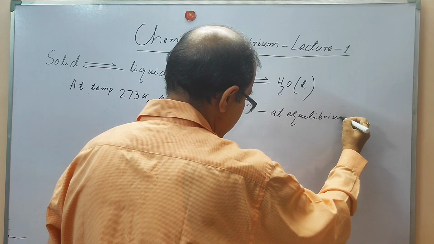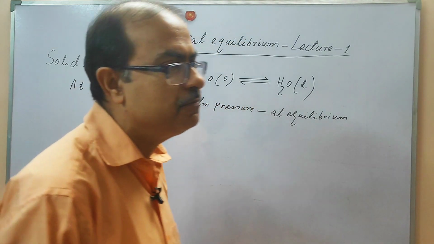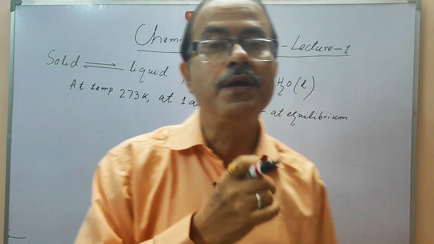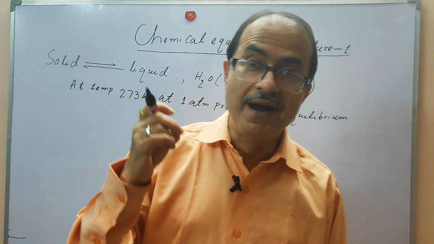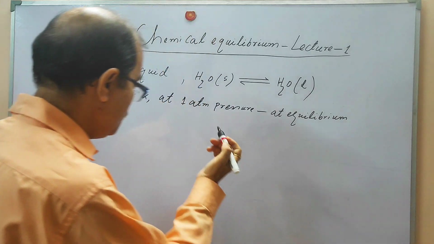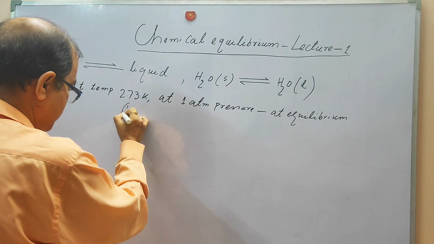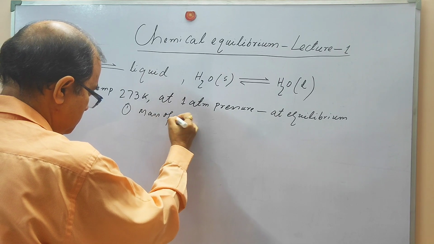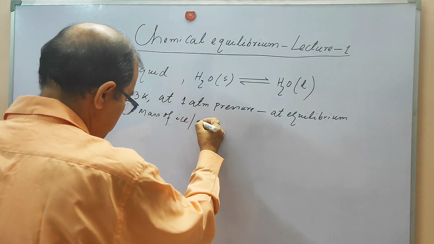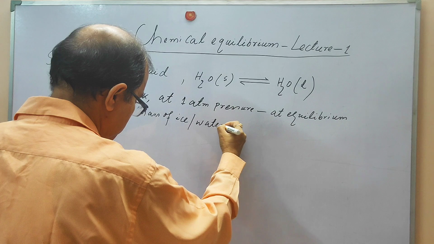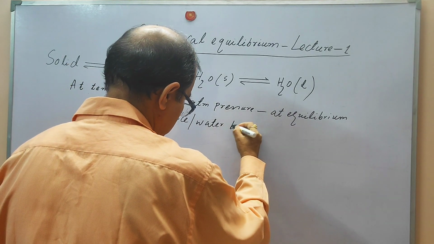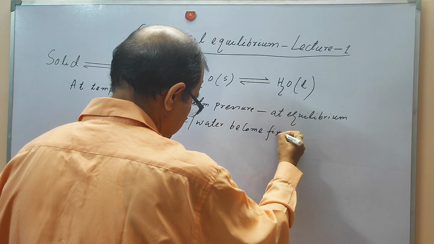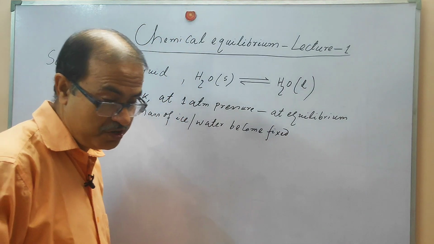And in that stage, what you will find, a very interesting thing, is that the mass of the ice and water become fixed, become constant. So we can write one observation: the mass of the ice and water become fixed, means constant.